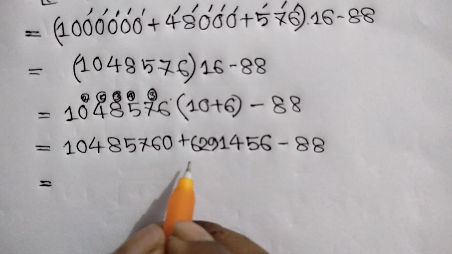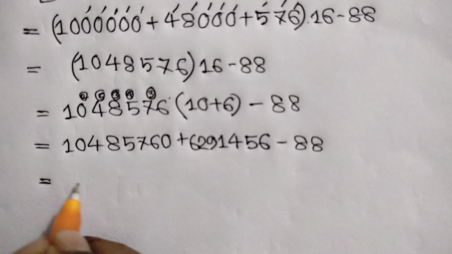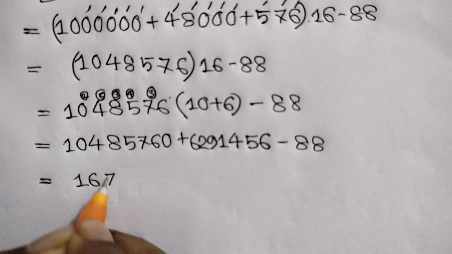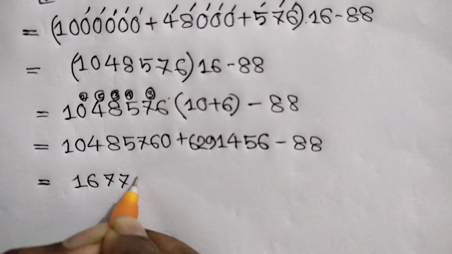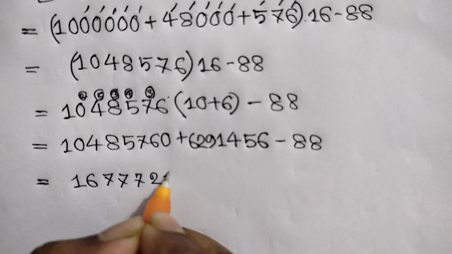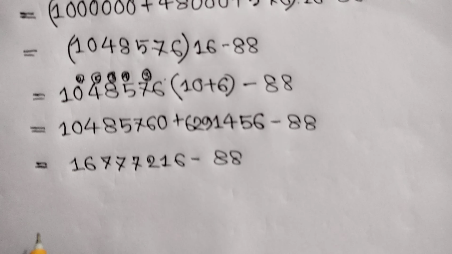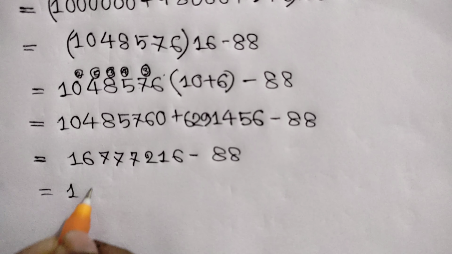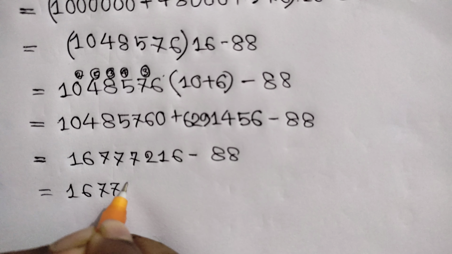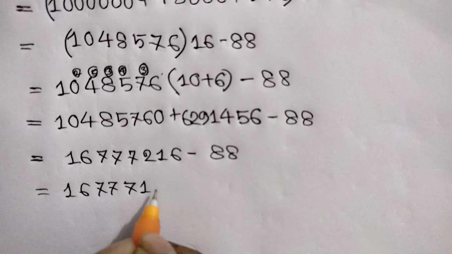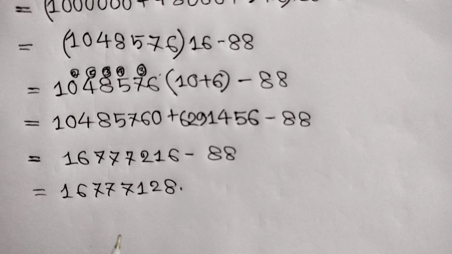Now add these two numbers, and here we get 16777216 minus 88. Now here we can write 16777128, and it is our final answer.